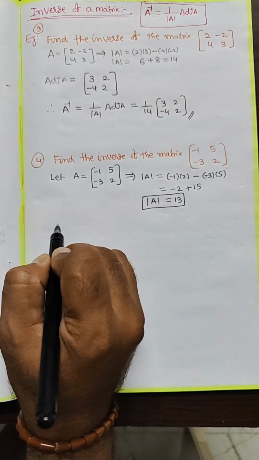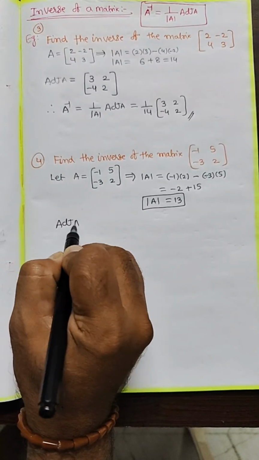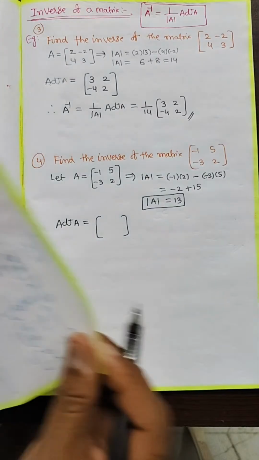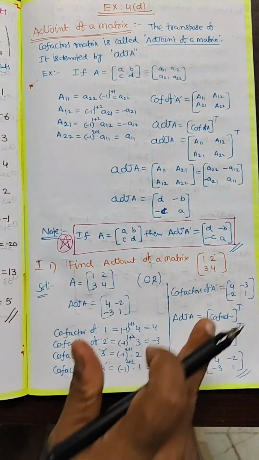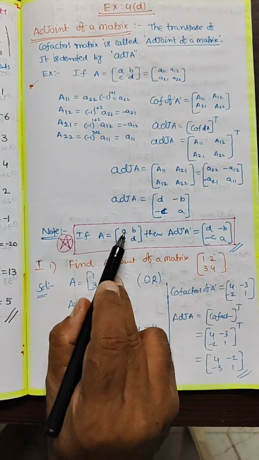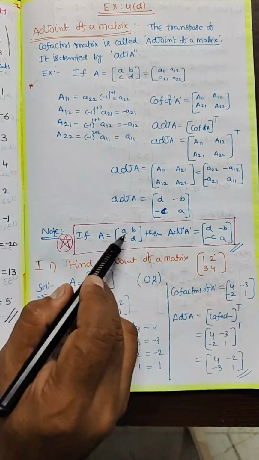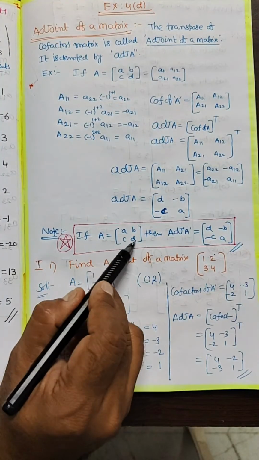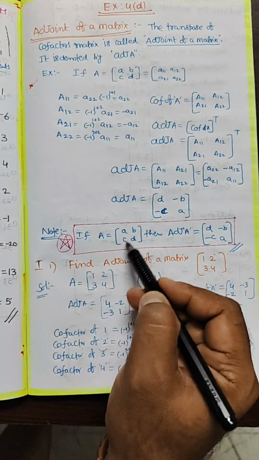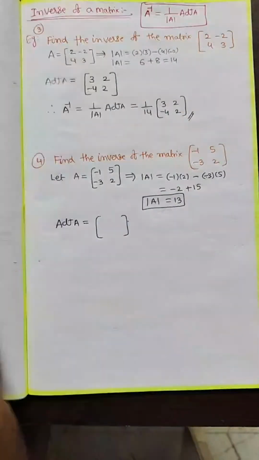Next, adjoint of A. For adjoint of a 2 by 2 matrix, you have to use this formula instead of this procedure. Even this procedure was also explained. But instead of that, if A equals A, B, C, D, then adjoint A is interchanging of these two diagonal elements and sign changing of non-diagonal, off-diagonal elements.